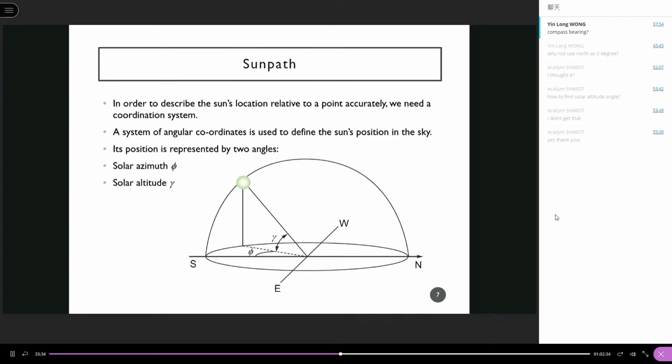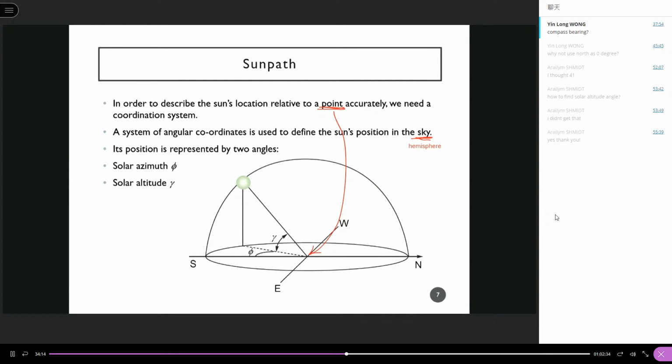The point is on Earth, like my window. We need a coordinate system, so a system of angular coordinates is used to define the sun's position in the sky. Once again, the sky is treated as a hemisphere, or a sphere, and the point will be the center of the coordinate system.